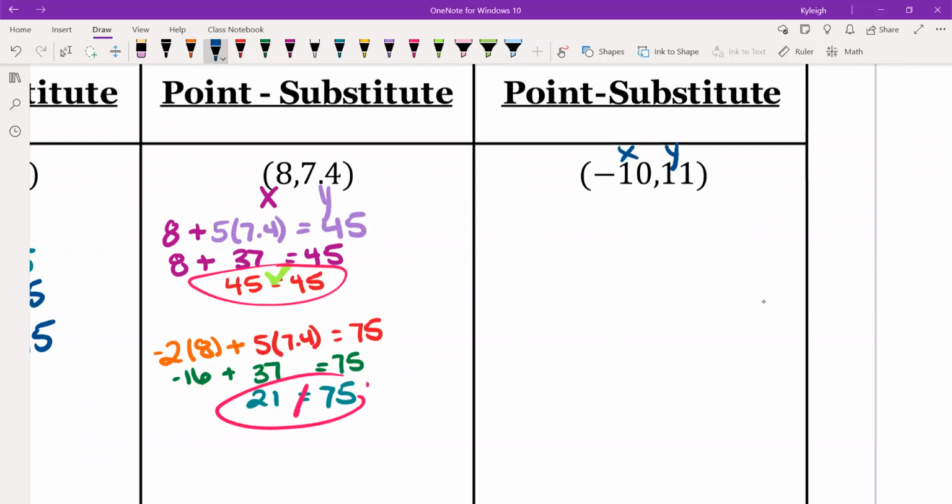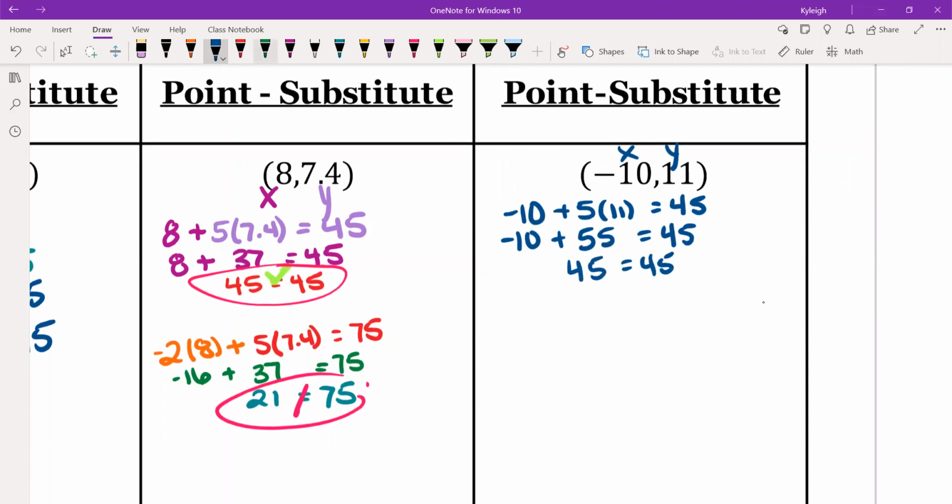So again, I'm going to start with the easier one where it's -10 plus 5 times 11 equals 45, just because I don't want to multiply. So negative 10 plus 55 equals 45. And 45 equals 45. So this is true. Okay, so now we take it and plug it into the other one again.